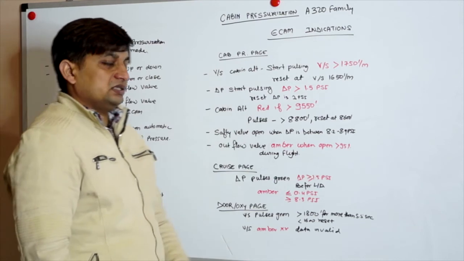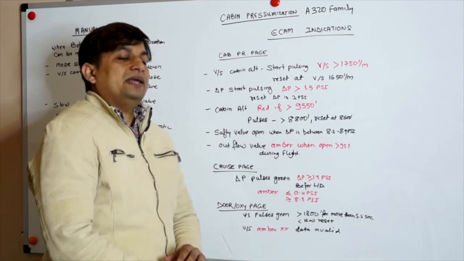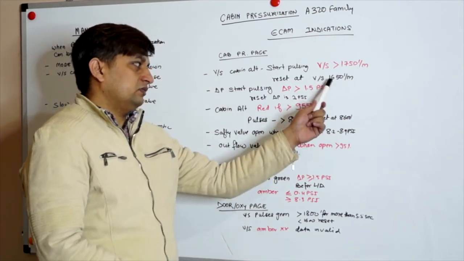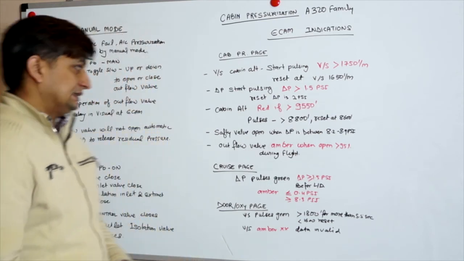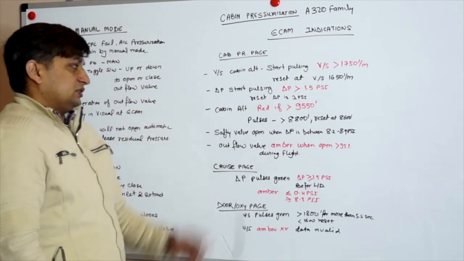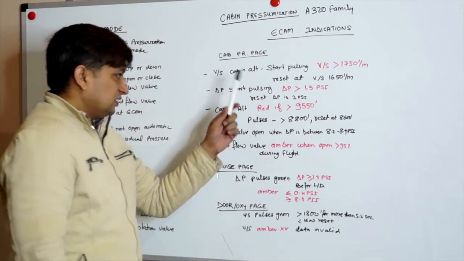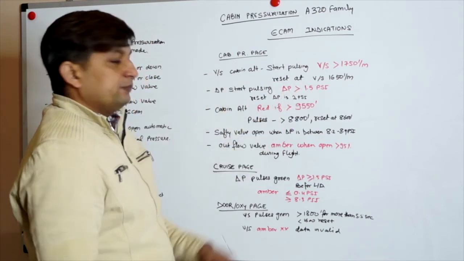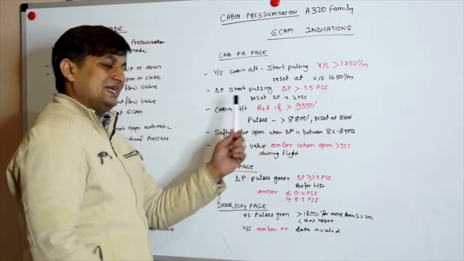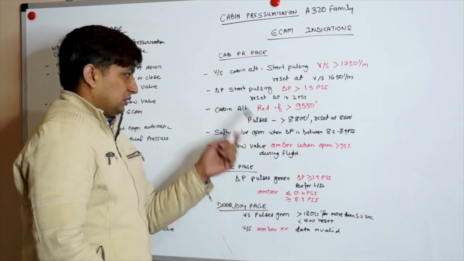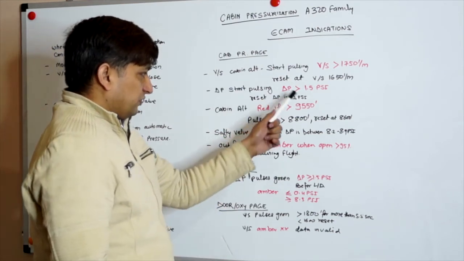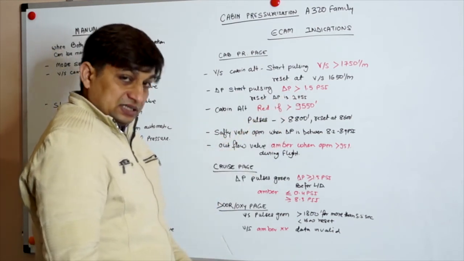It will reset when it is 1650 or less. Delta pressure will start pulsing if its value goes more than 1.5 psi, and it will reset to the normal green color when the value comes down to 1 psi.